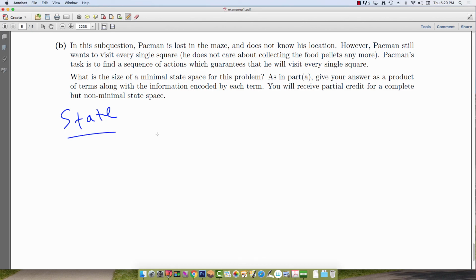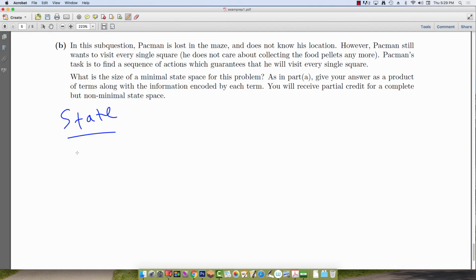So the problem, again, I'll repeat it: from every starting location that Pac-Man could possibly be in, we want to find a sequence of actions such that he eventually reaches the goal, which is that he gets to every space. So from any starting space, he is able to go to every single spot.